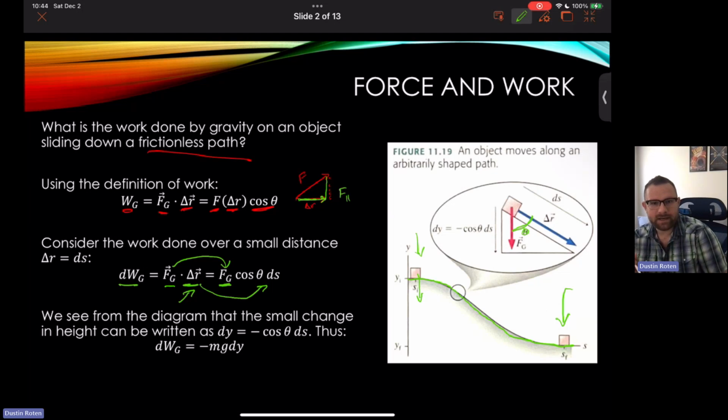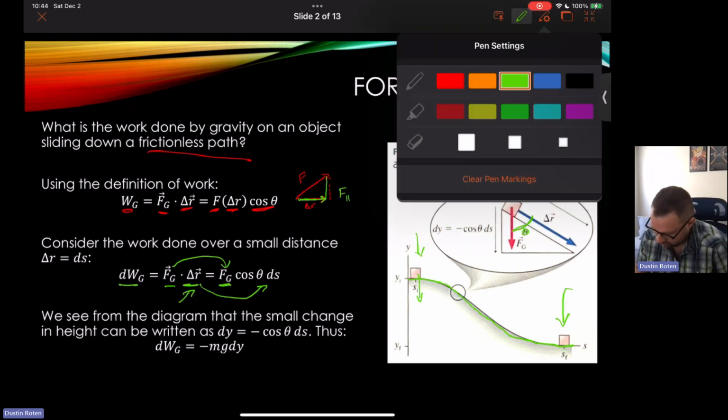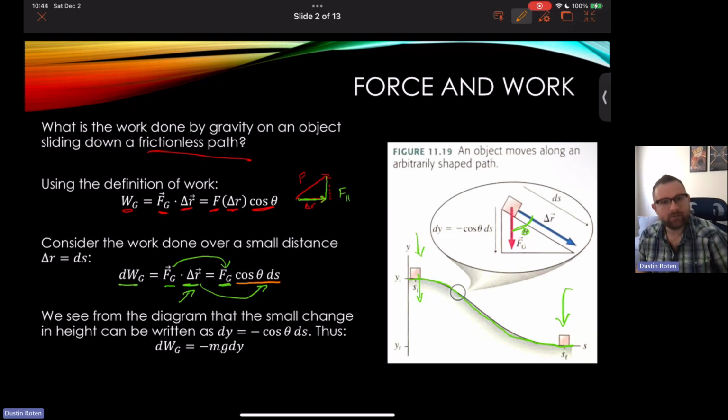What's interesting is we can, from the diagram, rewrite this small change. We can rewrite this cosine theta ds as something else. If we look back at the diagram, we notice that this angle, the one I just drew in orange, is also theta. So we have our hypotenuse, which is ds, and if we take cosine of theta times ds, that's the hypotenuse times cosine, which gives us the adjacent piece here.